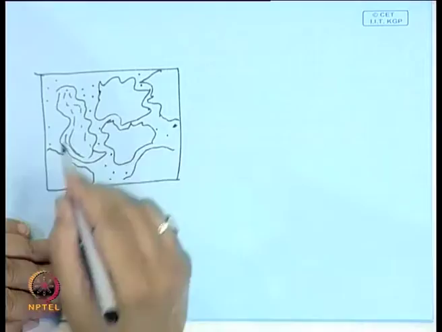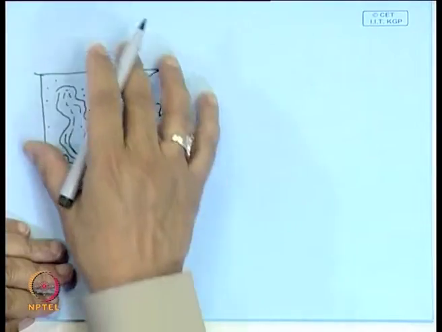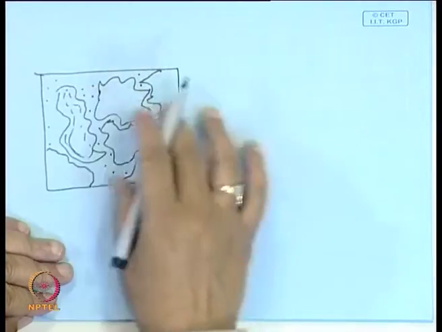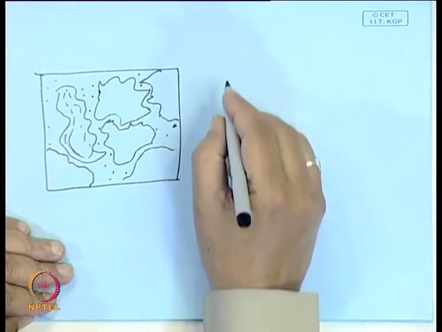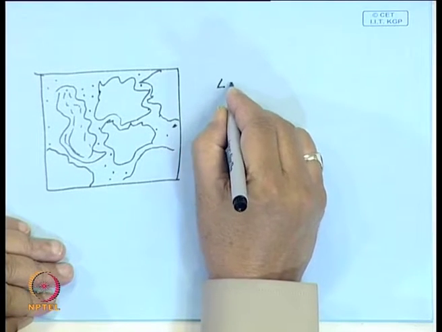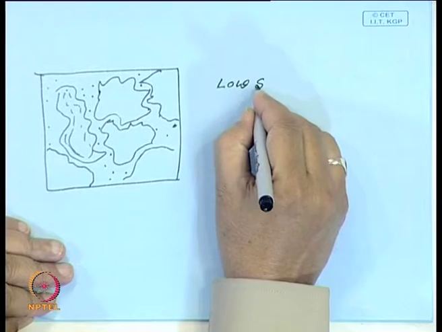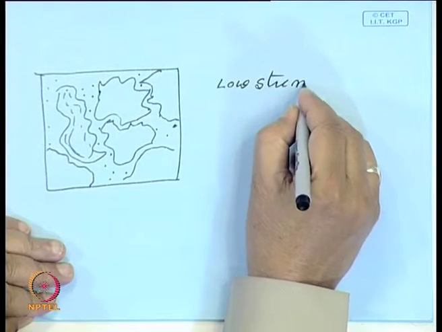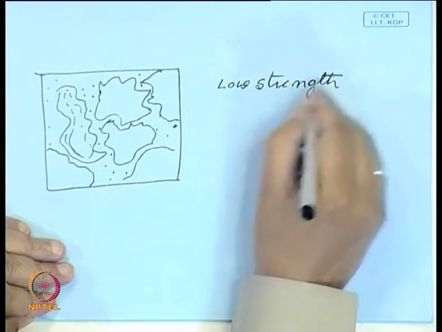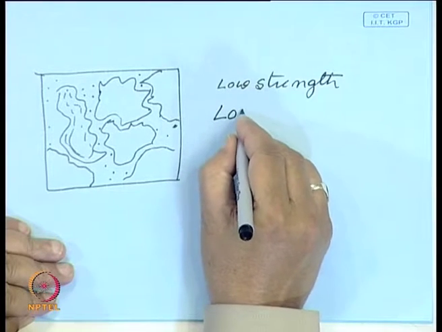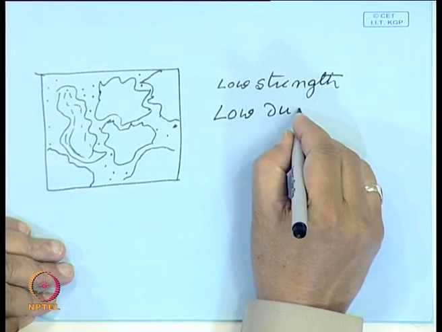So, this is a cast structure, and because of this type of microstructure, it has low strength as well as low ductility.